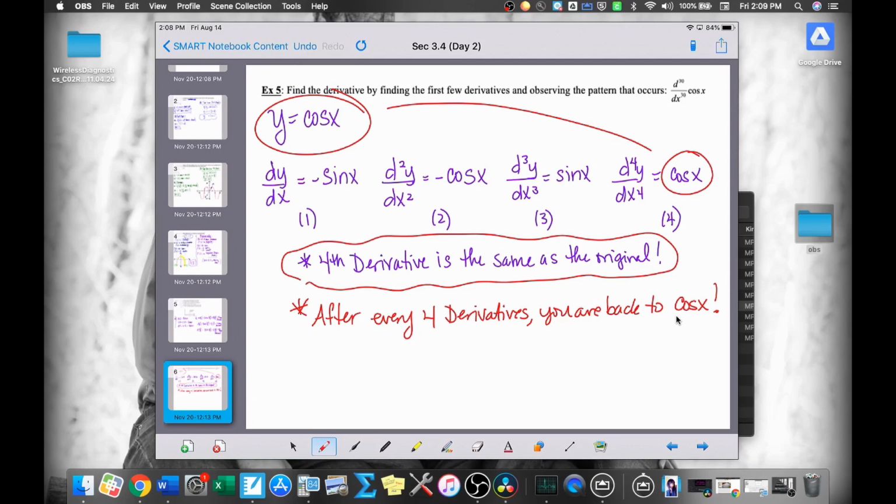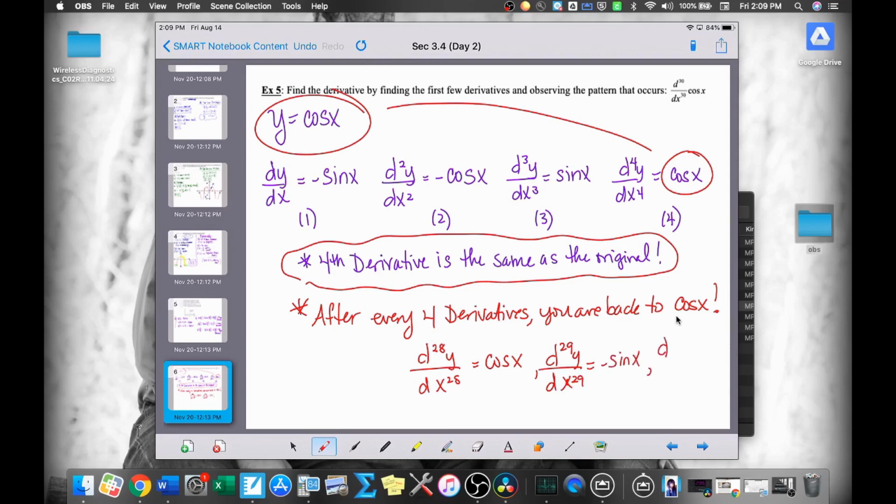But we know then that the 28th derivative, d28y dx28, the 28th derivative of y with respect to x, is going to be equal to the original function, which is cosine x. So then that means that the 29th derivative is going to be equal to negative sine x.